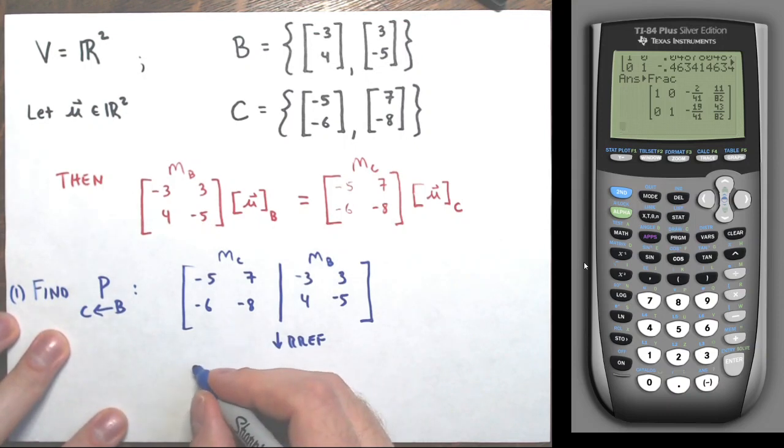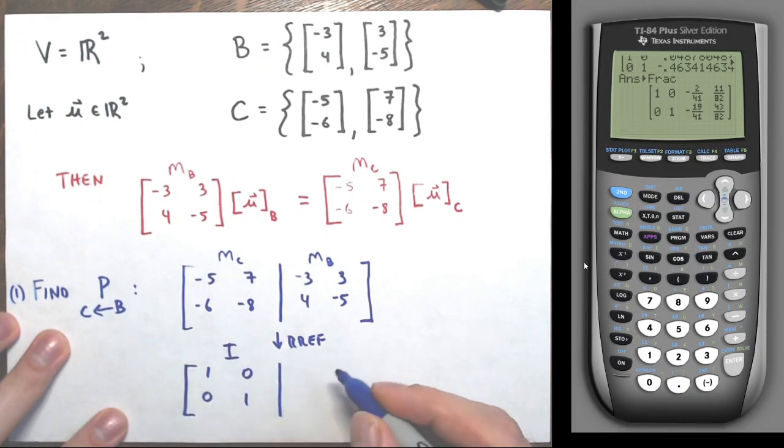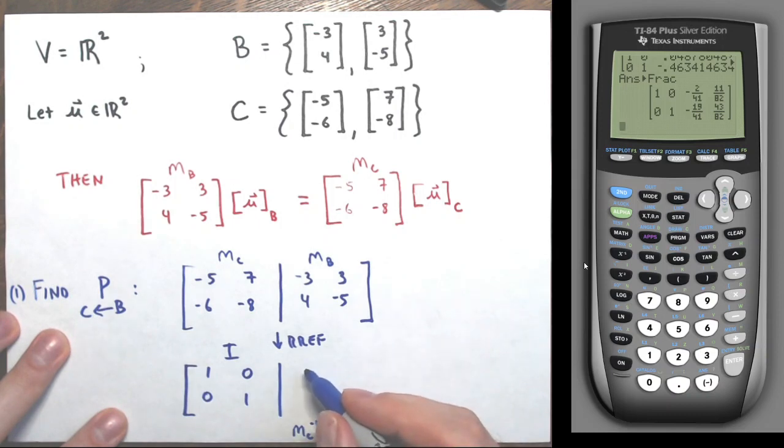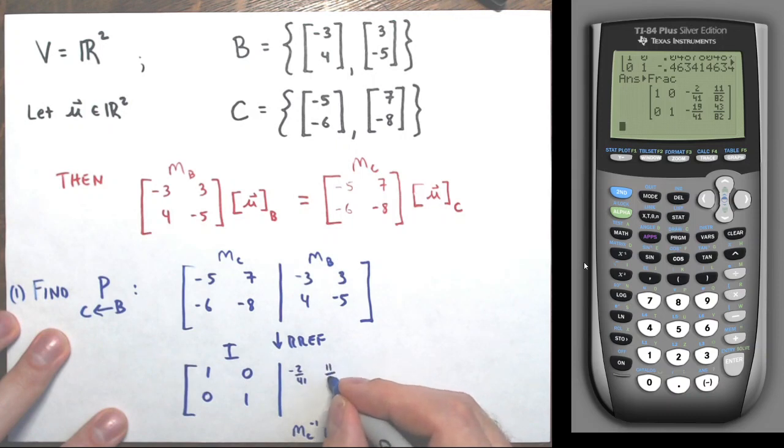We get the identity matrix on one side, and then over here this would be MC inverse times MB, which is that transition matrix from B to C. And it's -2/41, 11/82, -19/41, and 43/82.